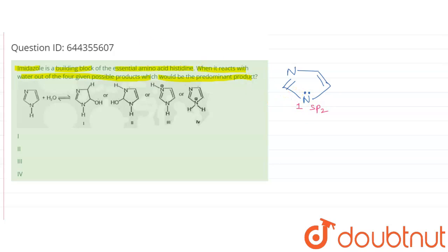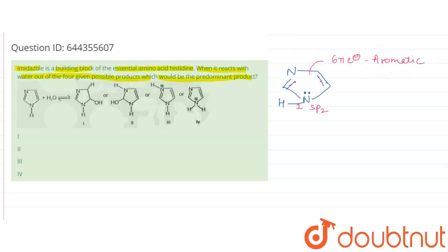It has also one hydrogen, which I forgot to mention. So it has 3 bonds, yet it is sp2 hybridized, since these lone pairs are lying in pure p orbitals and they are involved in conjugation. Very well. So these 2 electrons, and these 2 electrons together make it a 6 pi electron system, and it is therefore aromatic in nature.